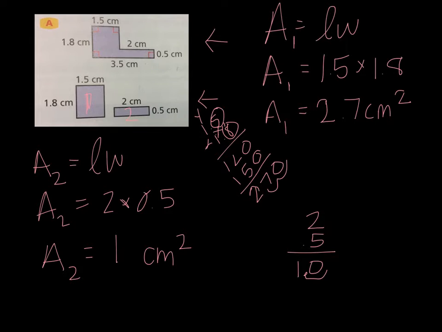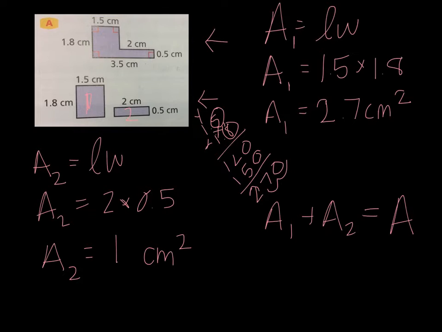Okay, so now I need to add figure 1 and figure 2 together. We would note it as area of figure 1 plus area of figure 2 equals the area total. Area of the T total.